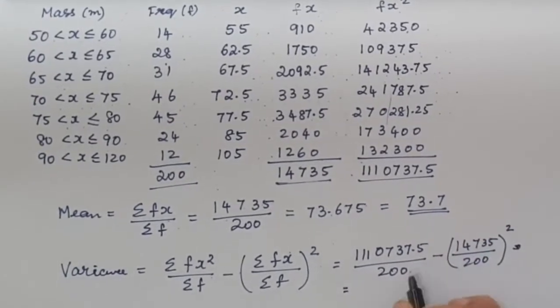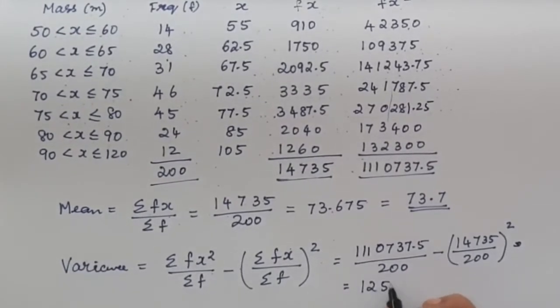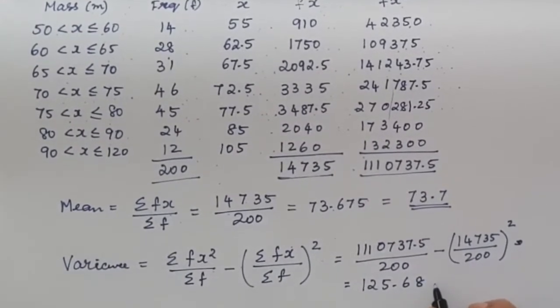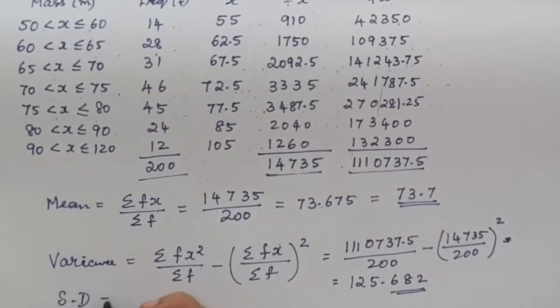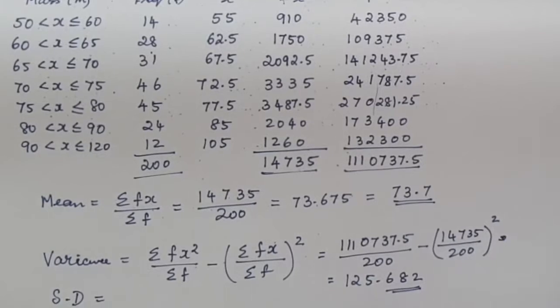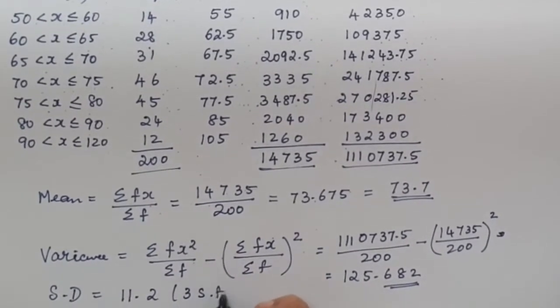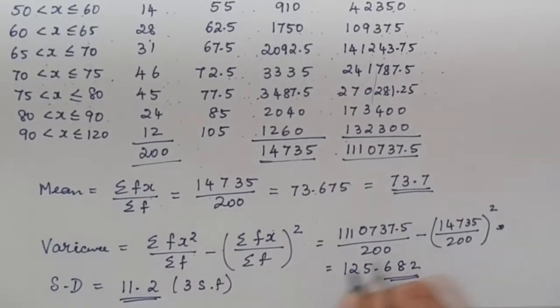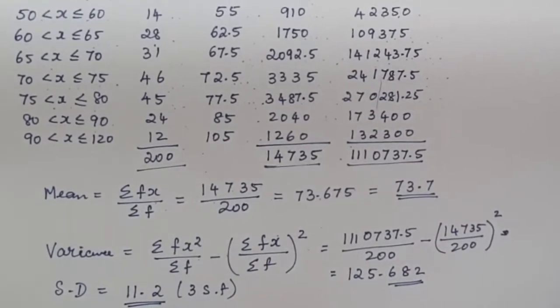When you simplify this using the calculator, you get 125.682. Now our standard deviation will be equal to the square root of this number, which gives us 11.2, correct to 3 significant figures. So this is the answer for the mean, this is the answer for the variance, and this will be the standard deviation.